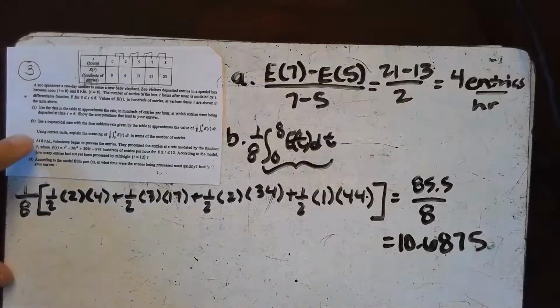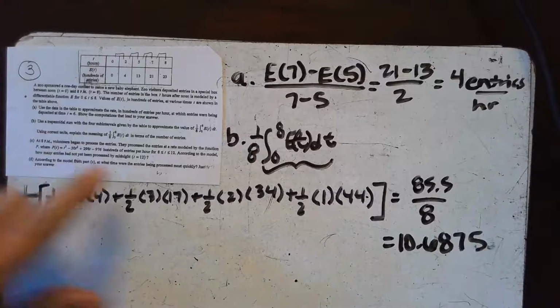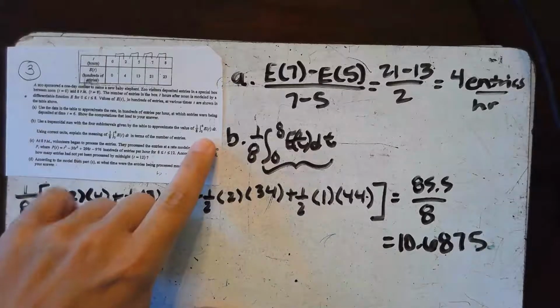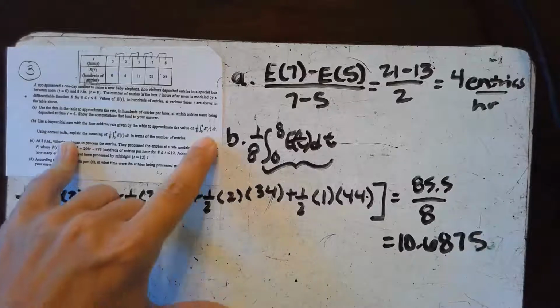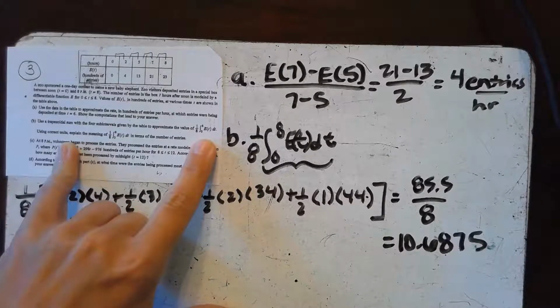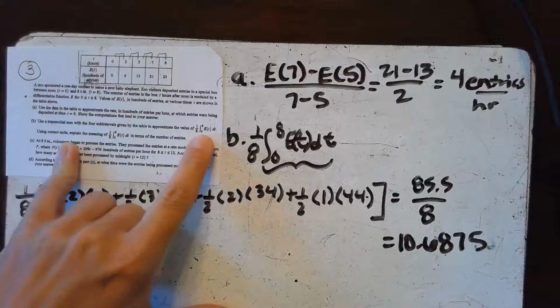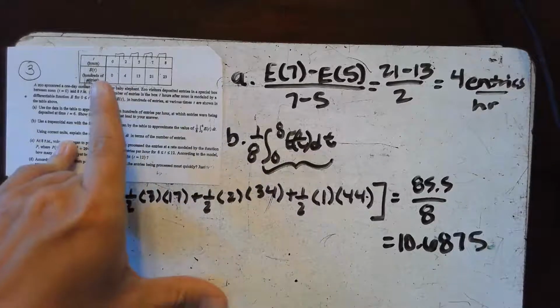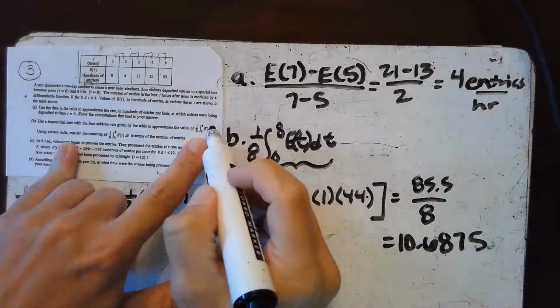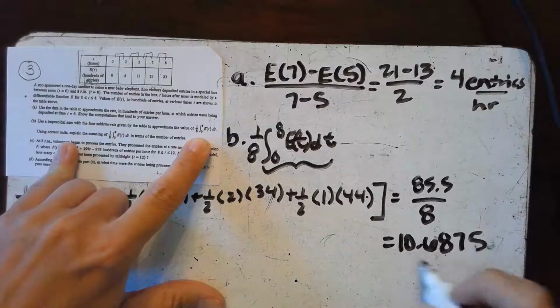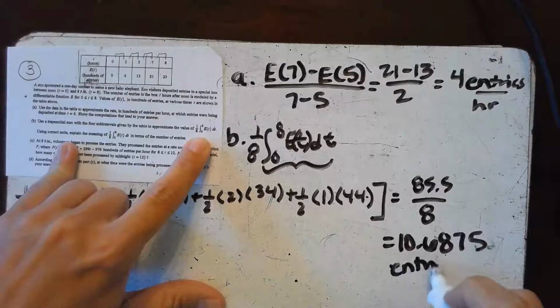Now let's think about this again. It says using correct units, so I do need to get the units. I took the integral of E of t. Basically, E of t is the number of entries. So if I integrate that, but then I divide by 8, I'm going back to the number of entries.